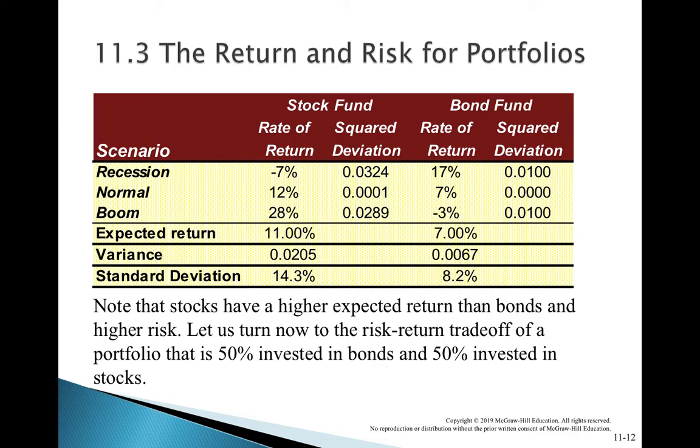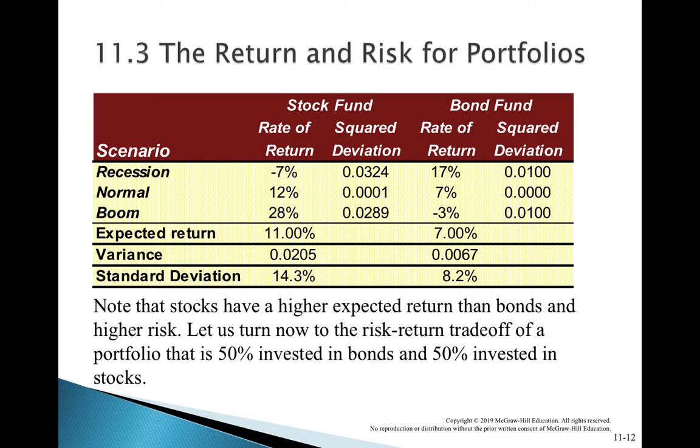What is a portfolio of securities? In a portfolio of securities, we have more than one security. Here the example is taken, the same stock fund and bond fund, and let us consider 50% of the money invested in the stock fund, 50% of the money invested in the bond fund, and we have the individual securities' expected return, variance, and standard deviation available from the previous section.